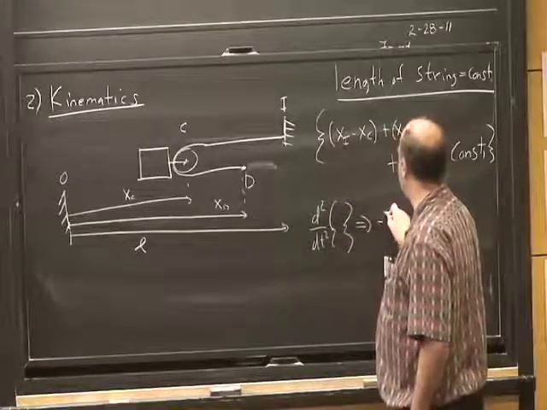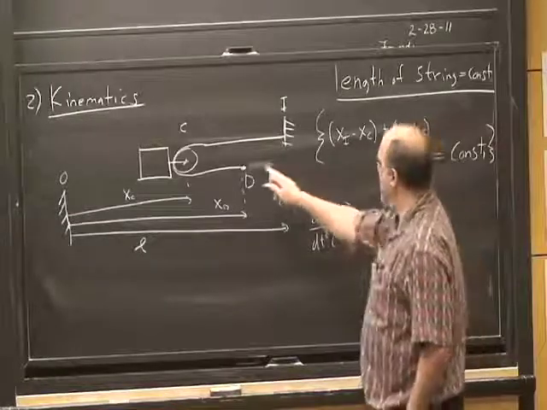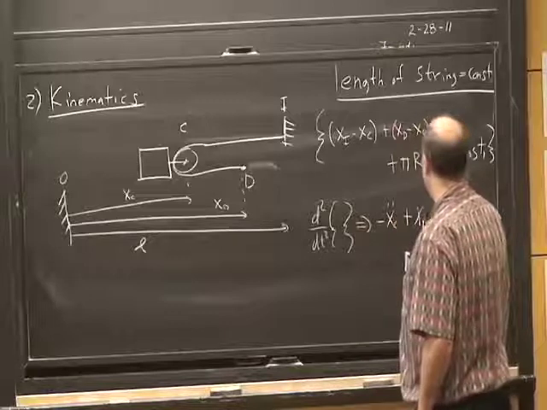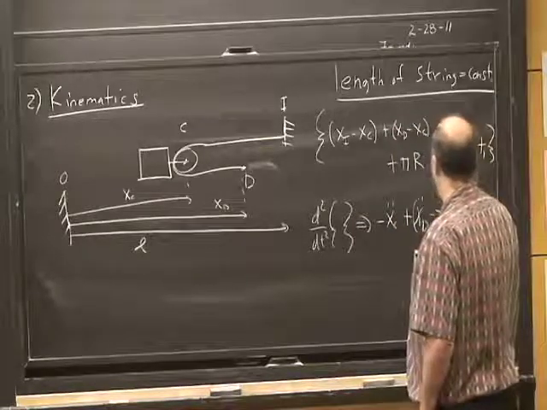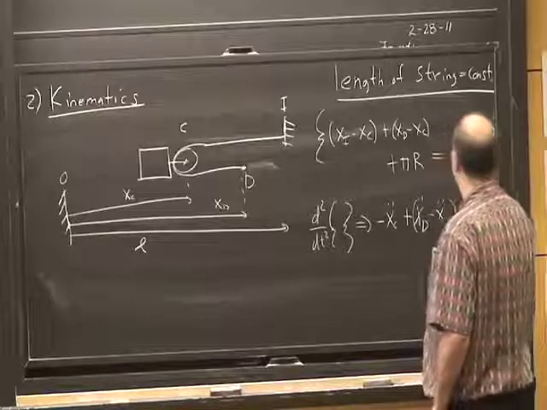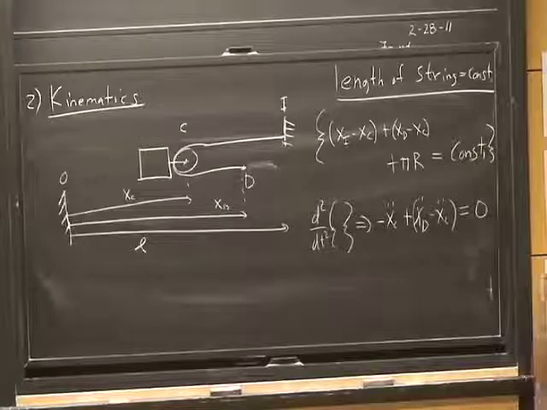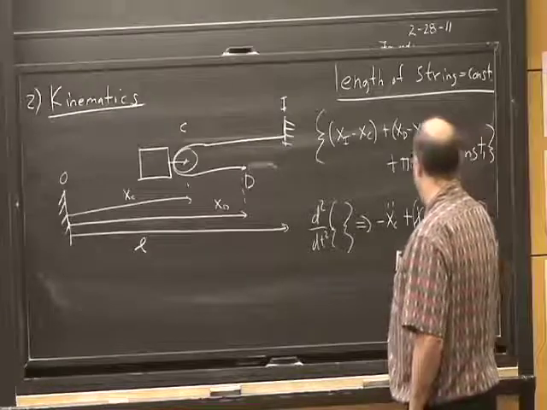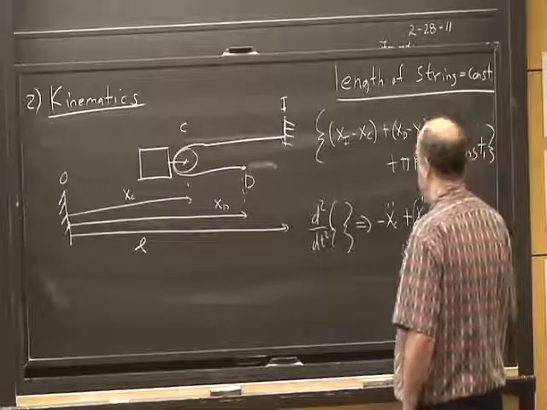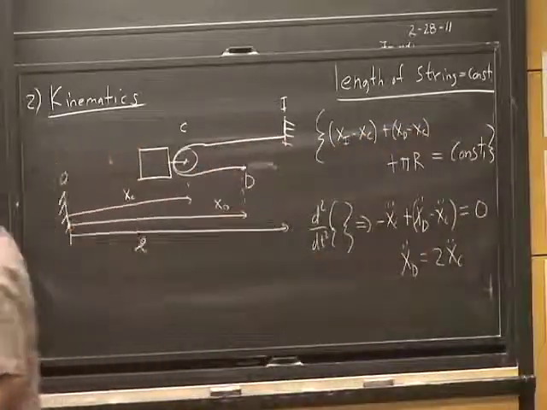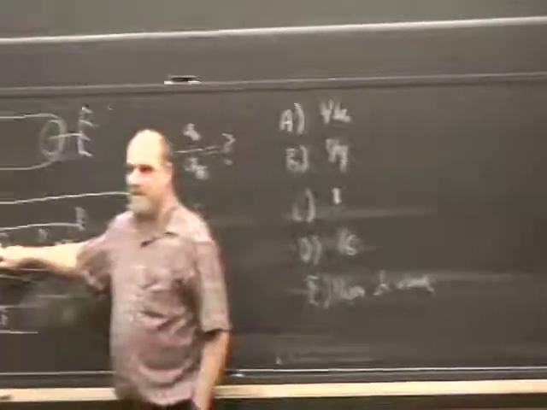So we have minus xc double dot plus xd double dot minus xc double dot, and then we have equals 0, because the derivative of this is 0 and the derivative of that is 0. So that tells us that xd double dot is equal to 2 times xc double dot. That means this point has twice as much motion as this one does.